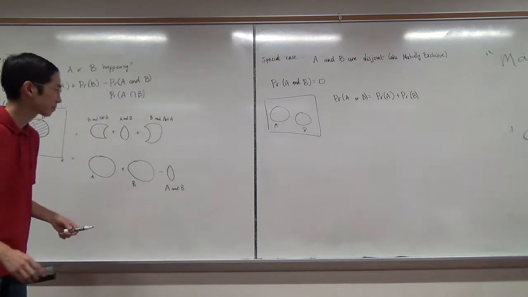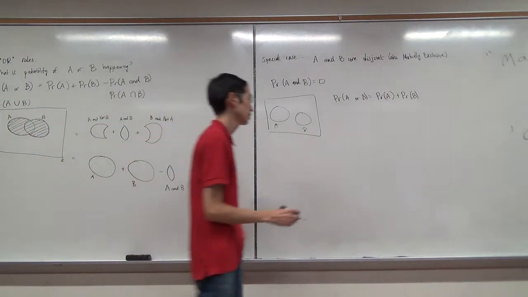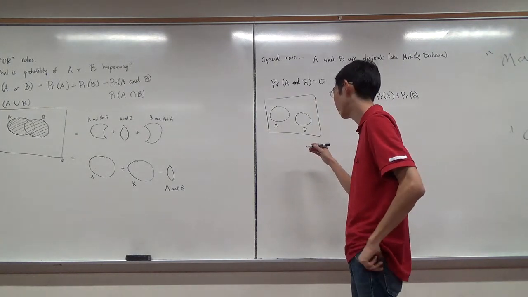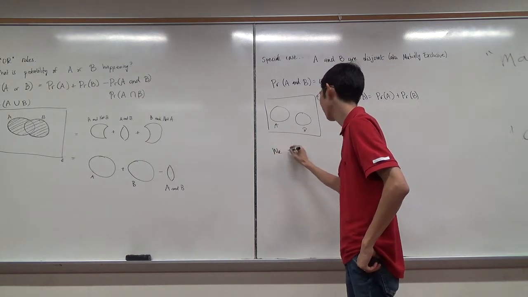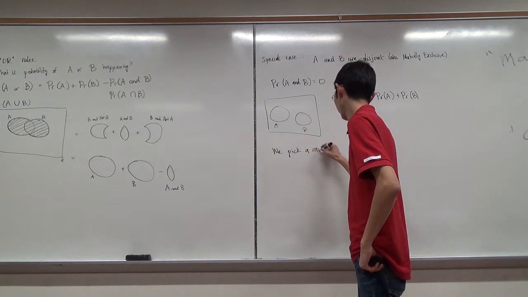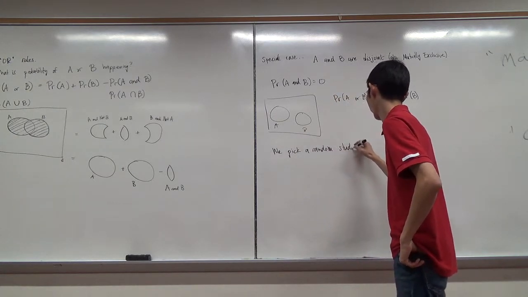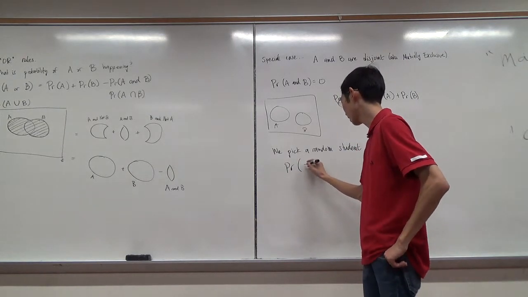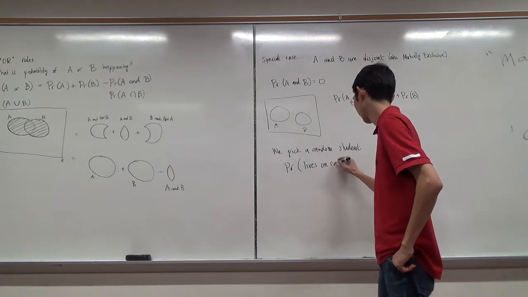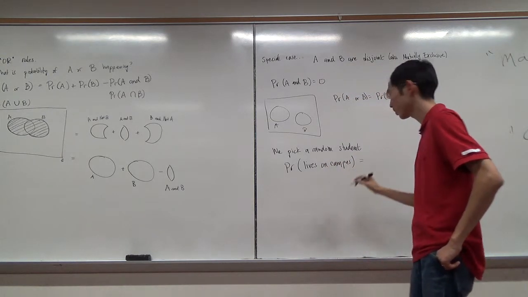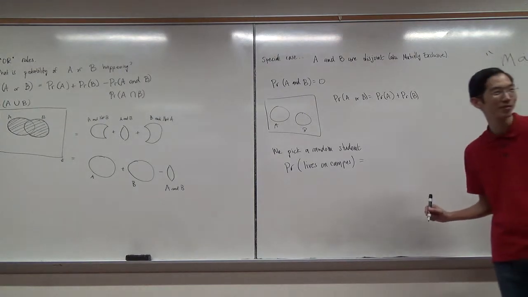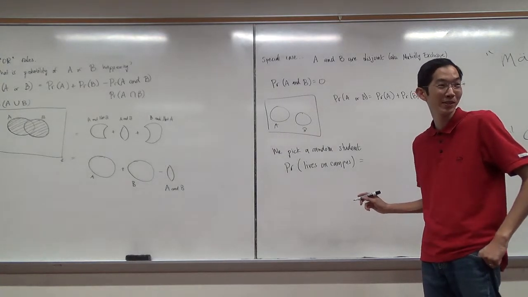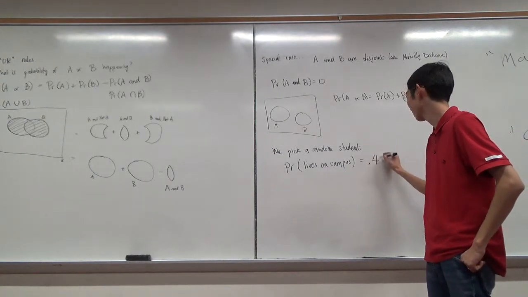Okay, so let's try something out. Let's say we pick a random student. And let's say the probability that the student lives on campus, what percentage of students do you think live on campus? 40%? Okay. That's a lot.